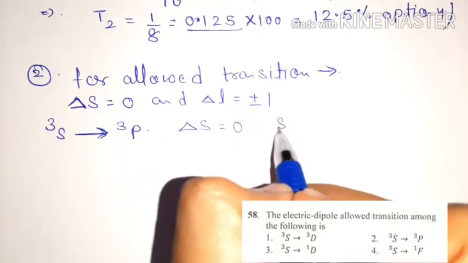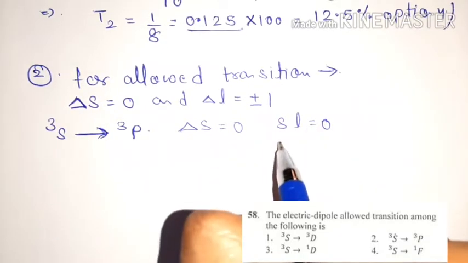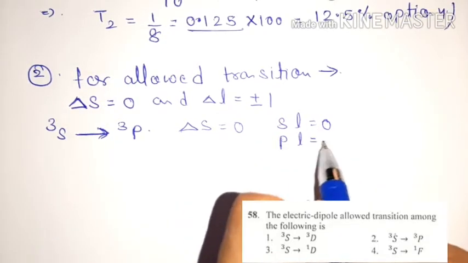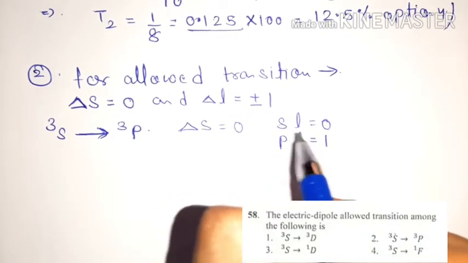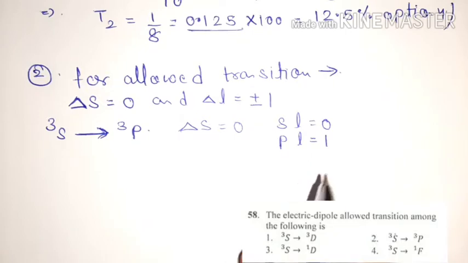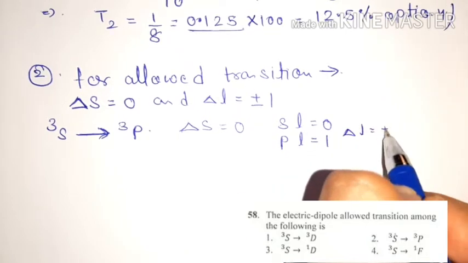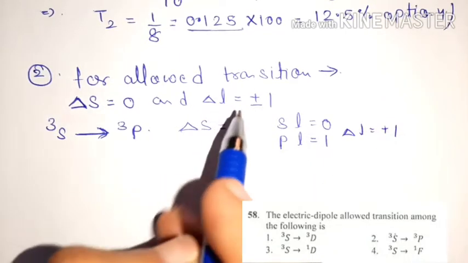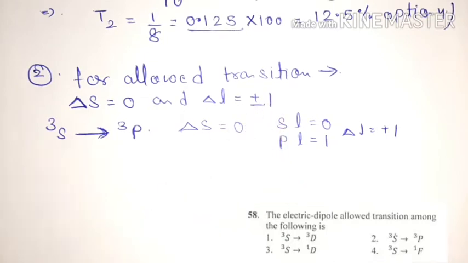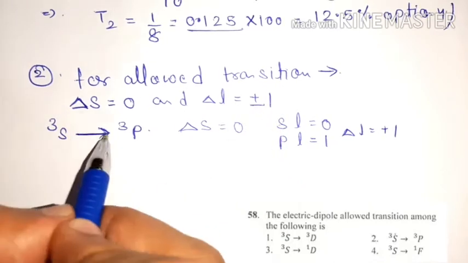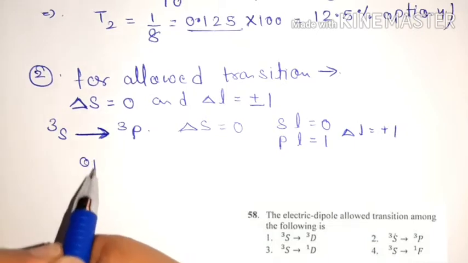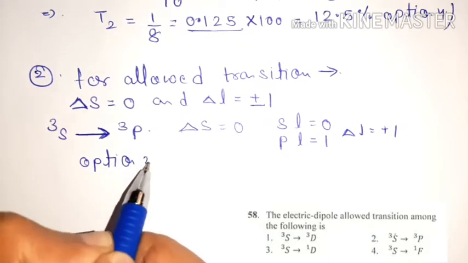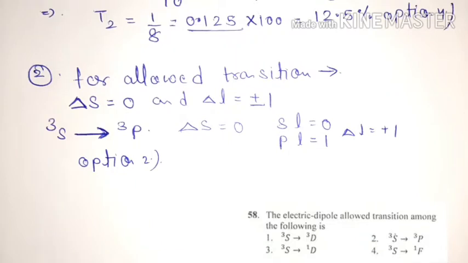For s we have l equals 0, and for p we have l equals 1. So for the s to p transition, delta L equals plus 1, which is also allowed. So this transition will be allowed out of your 4 transitions. So this is your option number second. Understand, your option number second is the correct answer of this question.